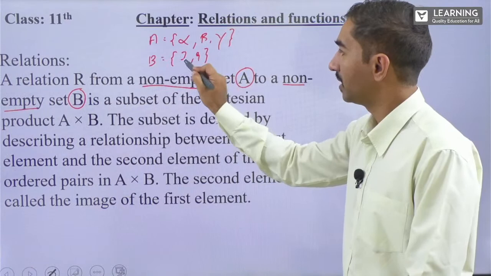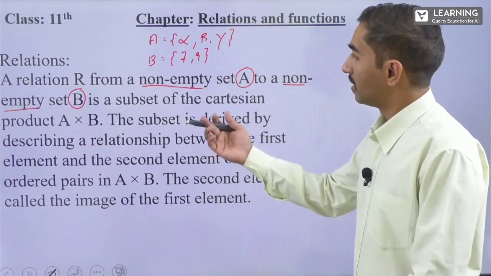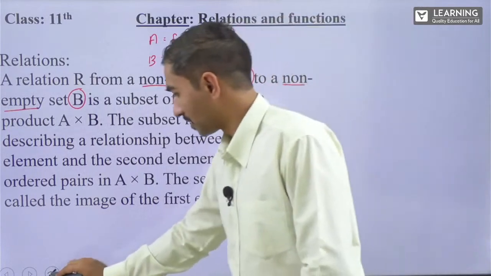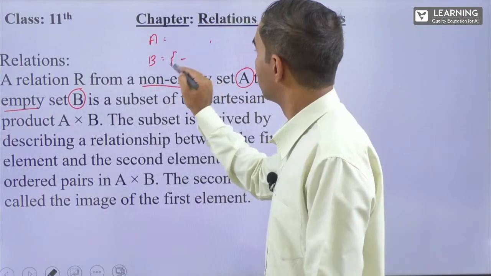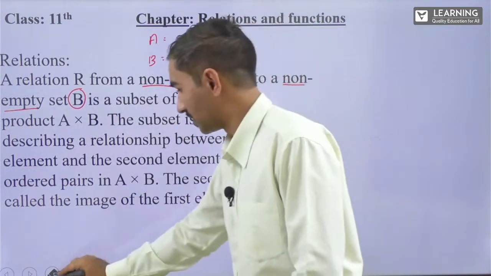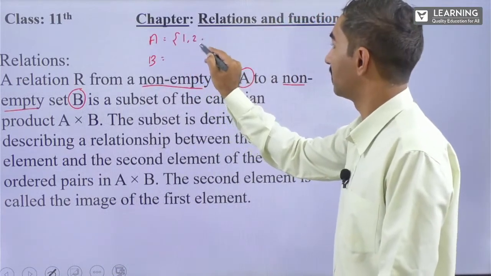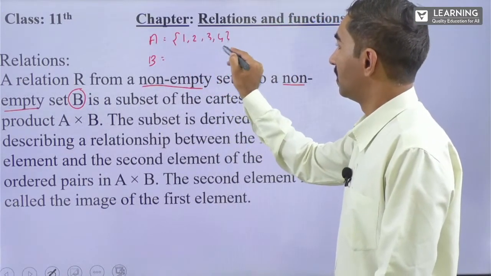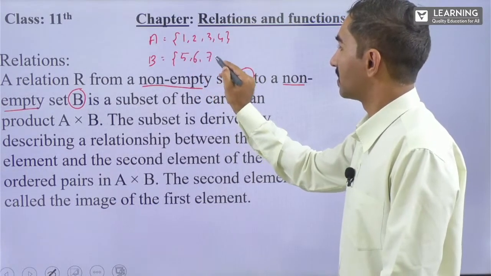Or else we'll take numbers only, it will be easier for us. Here we will take 3 to 4 numbers each. Let us take A equal to {1, 2, 3, 4}, and B we will take as {5, 6, 7, 8}.